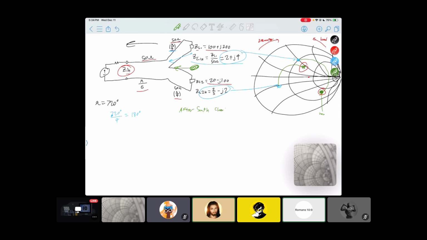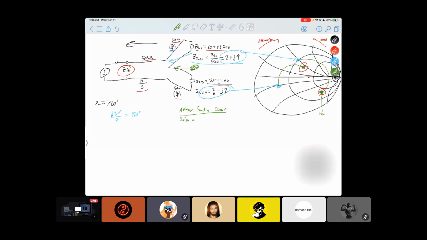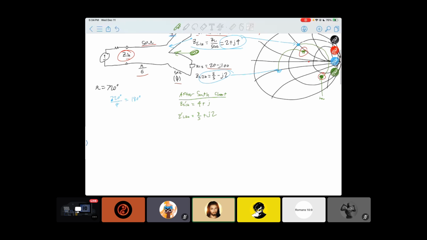After the Smith chart, our ZL1 is now, I'm going to call it prime, 4 plus j, and our other one is, let's say 3/5 plus j2. Sure, let's just make random numbers at this point.